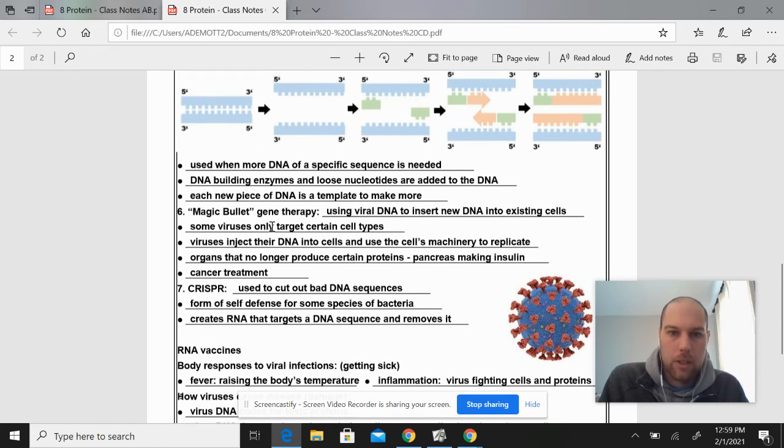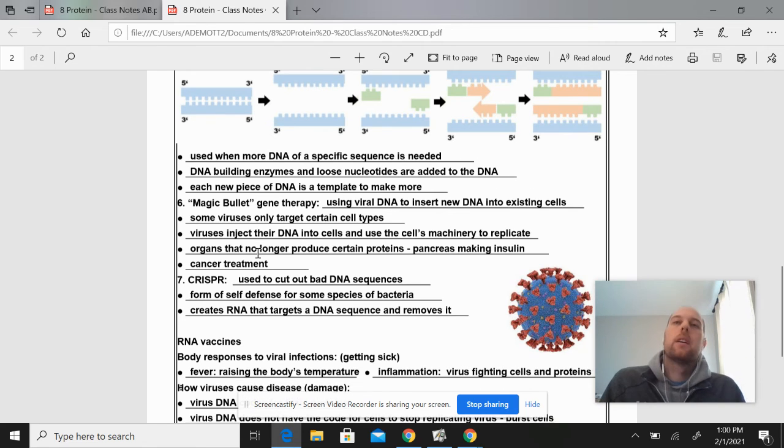You have this magic bullet gene therapy. Gene therapy is something that they've started using in cancer treatment, where they are using viral DNA to basically try to get that viral DNA to insert itself into the machinery of your cells and to help do something or make something that your cells are not doing very well right now or not doing at all.